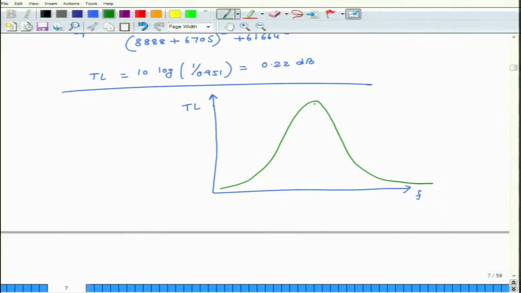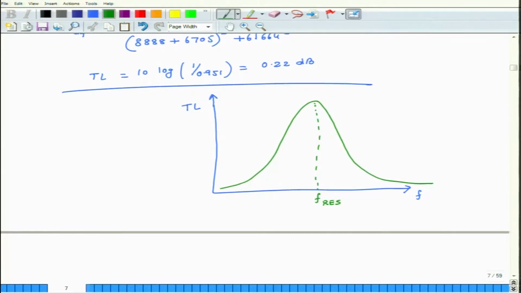So, the transmission loss will be very high at resonant frequency, and as I move away from the resonant frequency, the transmission loss will be less, and as I keep on going away from the resonant frequency, it will become lesser and lesser. Okay.